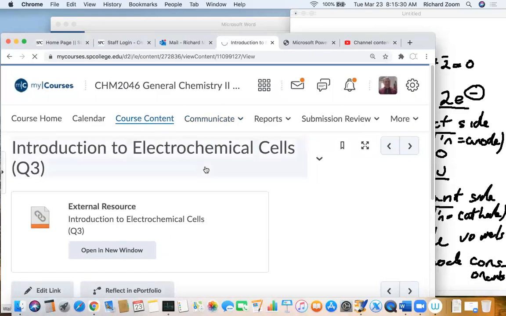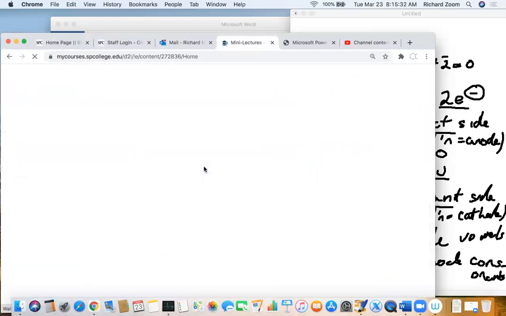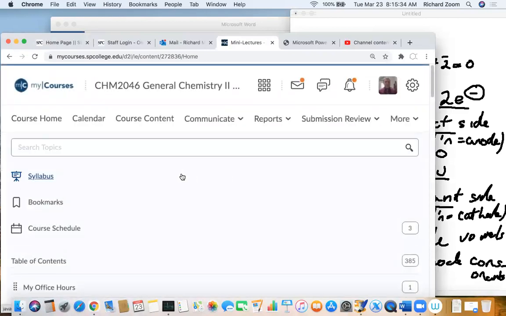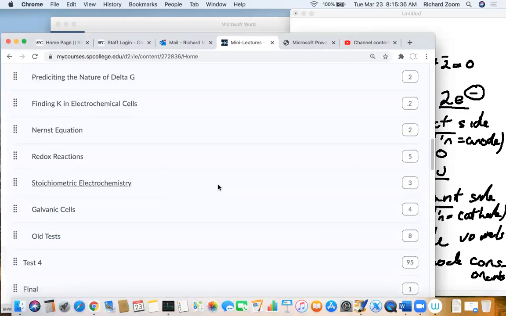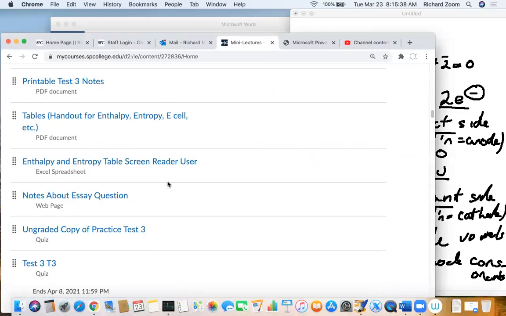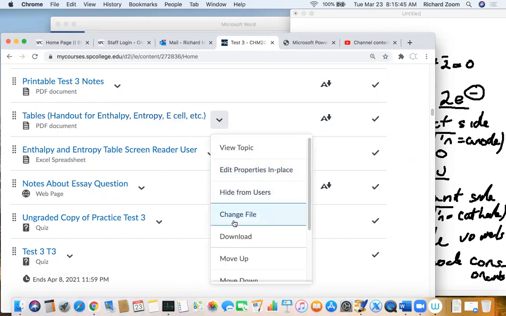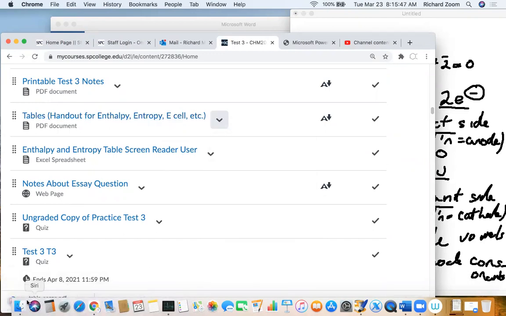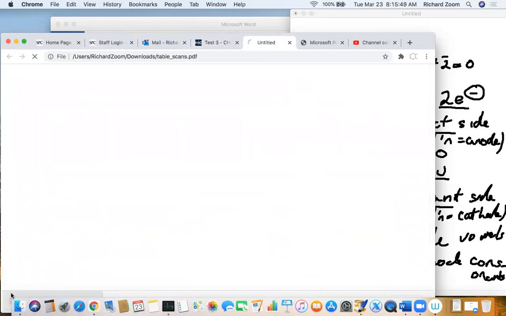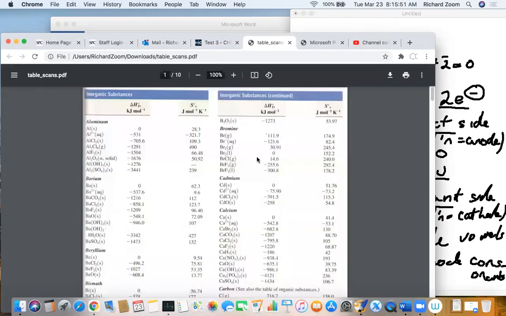Okay, standard electrode reduction potential table. We'll find this in the test 3 folder. And there we are. This is the table. I'll download it here.